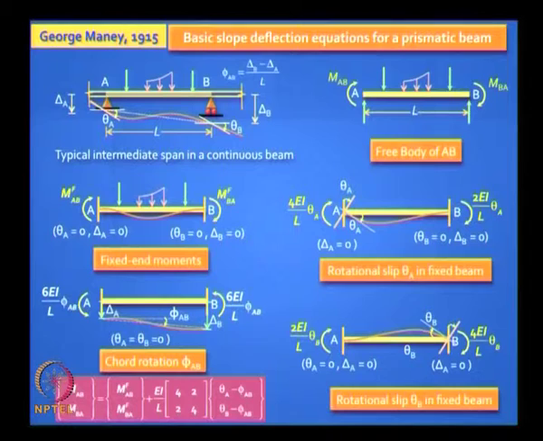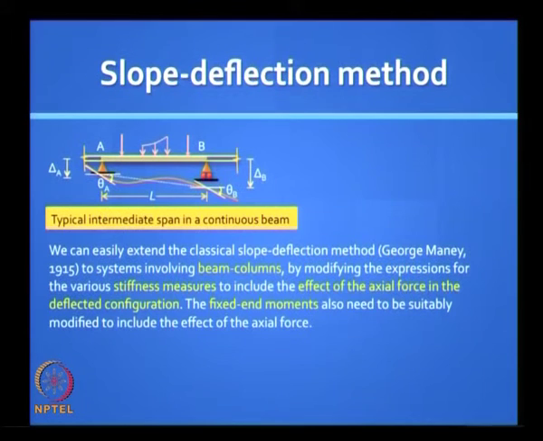What we are interested in is to understand how these slope deflection equations get affected when you have an axial force. Okay, so we did this in the last class. So the same slope deflection method we now want to extend from beams to beam columns by modifying the expressions for stiffness.